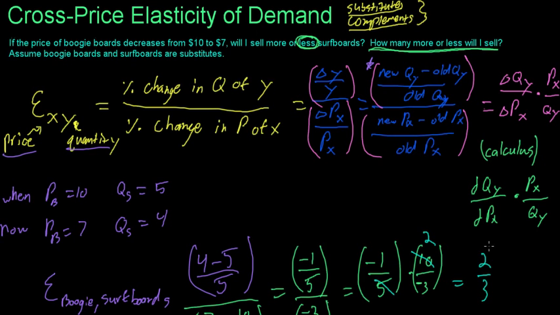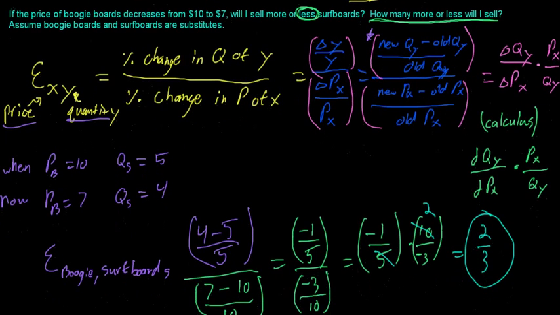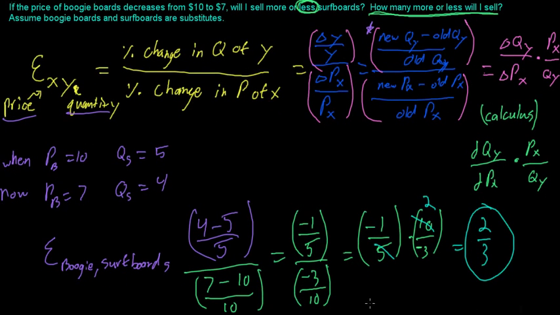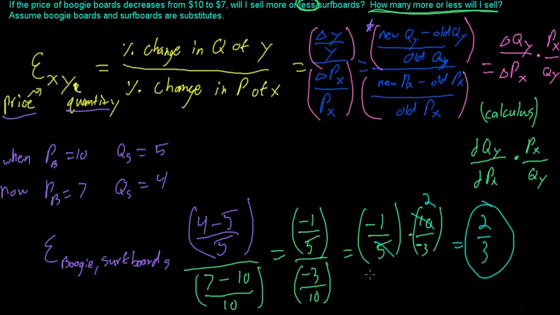So what this says is for every 1% decrease in the price of boogie boards, there will be a 2/3% decrease in the quantity of surfboards. So I'm just going to write this out because it's a little confusing to just talk about it.